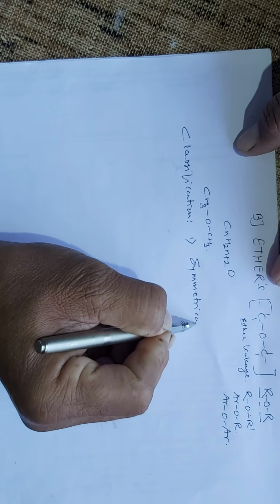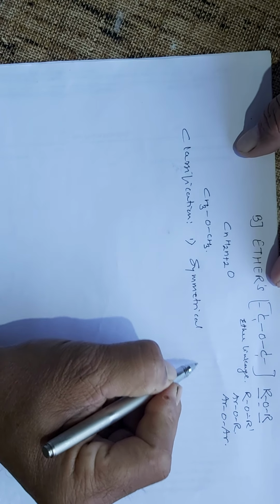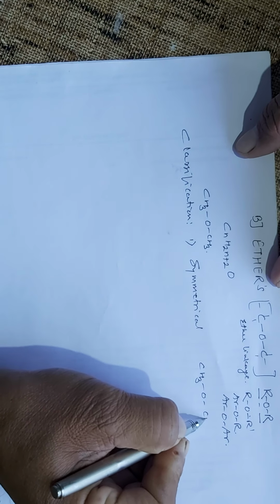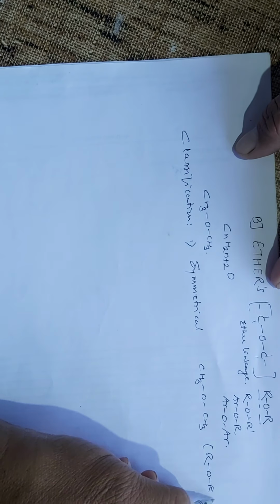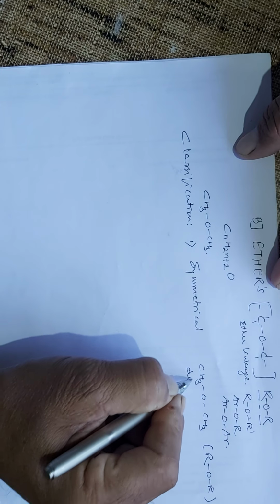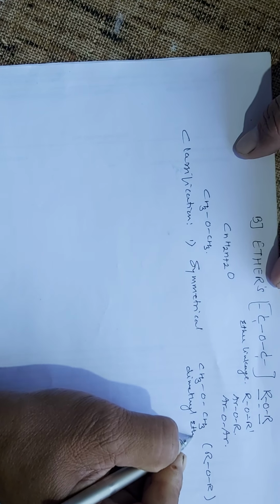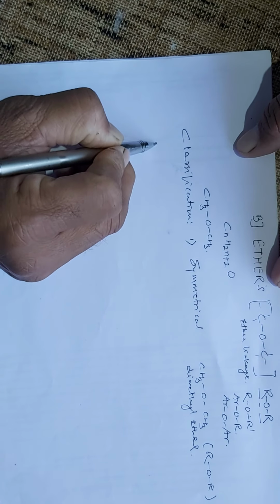Symmetrical means the same types of groups are attached on both sides of the oxygen. Here CH3OCH3, or in general you can term it as ROR. And so here this is dimethyl ether.